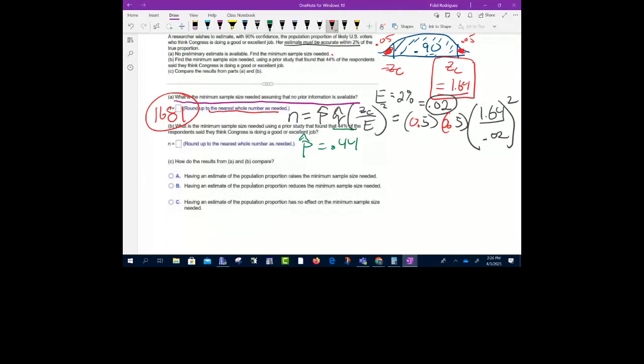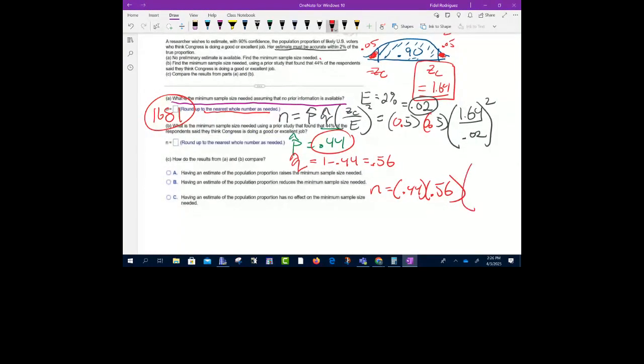Now, we also need to find our Q hat. Remember, the way we find our Q hat is we're going to do 1 minus 0.44, which should give us 0.56. Now, to find my value of N, we're going to take P hat, which is 0.44, times Q hat, which is 0.56, and then the rest of it will still be the same: 1.64 divided by 0.02, we're going to square that, okay?